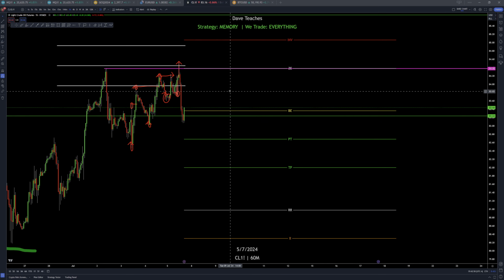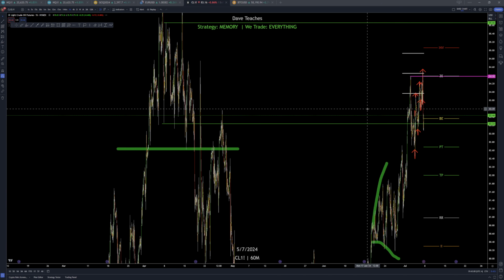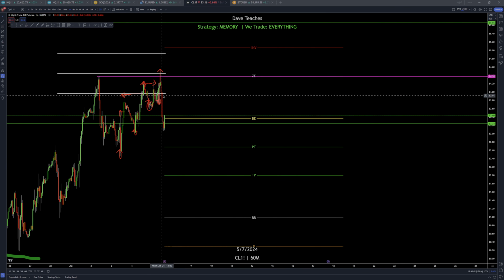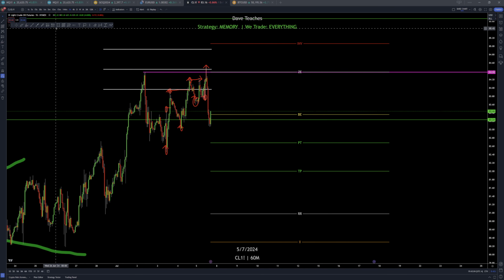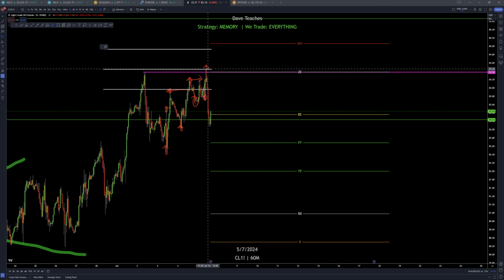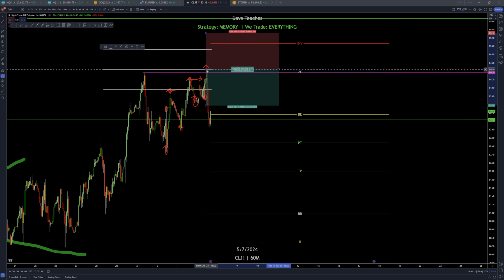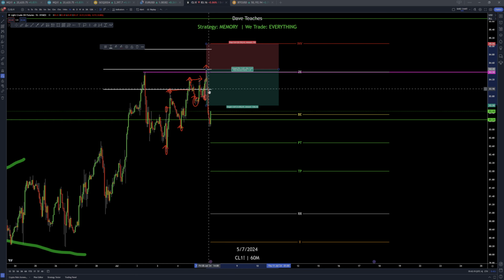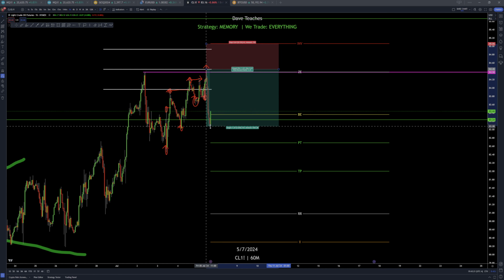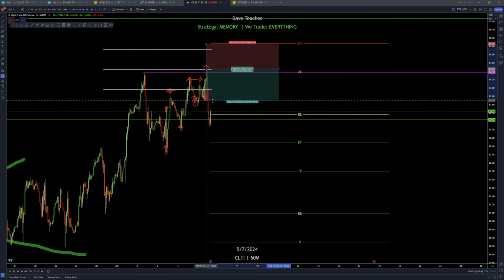If you look right here, this is a POI that we hit, and we had talked about this in the mentorship, that we were looking for price to tap right into this POI. That's the 50% right there, right? So let's say we tailor our risk to here, and we want to look for the internal.